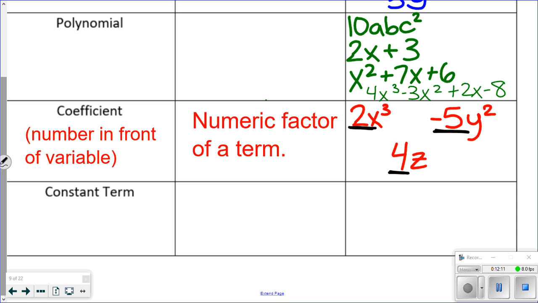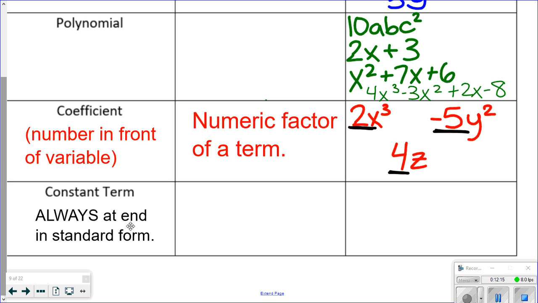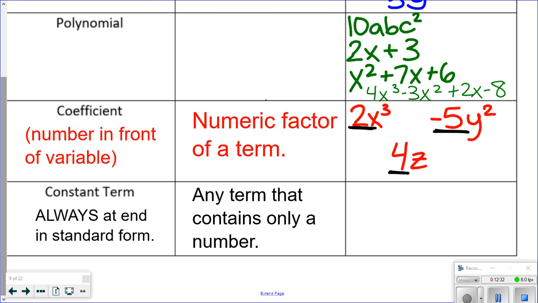Next, the constant term. It's always at the end in standard form. We don't know what standard form is yet, but we're going to learn about it. So it's always at the end in standard form. And remember, it's any term that contains only a number. So it's just a number by itself.